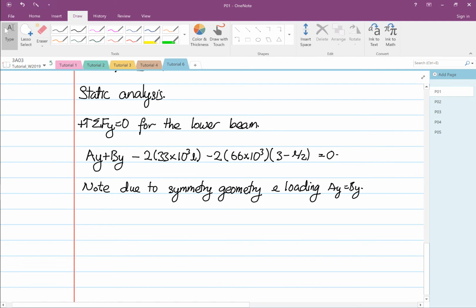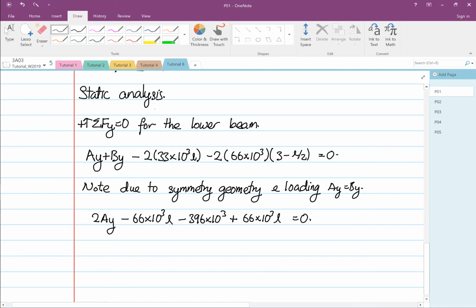So you have 2AY minus 66 times 10 to the power 3 L. 66 times 3 is 198, times 2 gives 396, so minus 396 times 10 to the power 3, and then minus minus plus 66 times 10 to the power 3 L, the whole thing equal to 0.